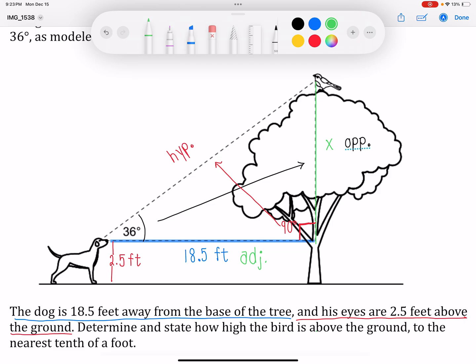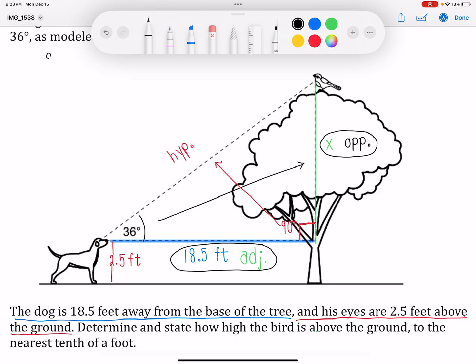So now we are ready to circle the piece of information that we have, which is the adjacent side. And we want to circle what we want to know, which is the opposite side.